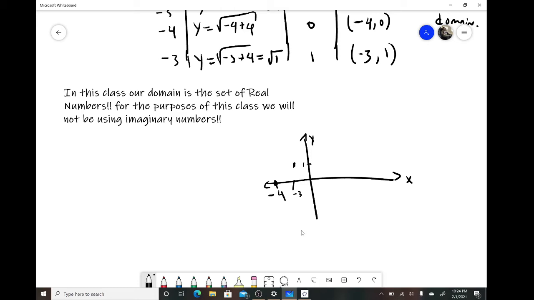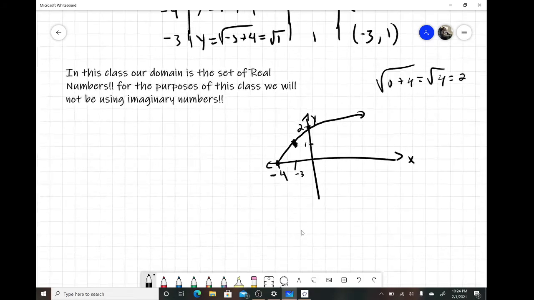You just have to plug in 0 for x. If you plug in 0 for x, you get 0 plus 4, the square root of 4, which is just 2. So that's going to be your y-intercept. And yes, it's not to scale, but it's going to look something like this. It's going to go through 2. We already know it goes through 1 at negative 3. And this is the graph of that particular function.